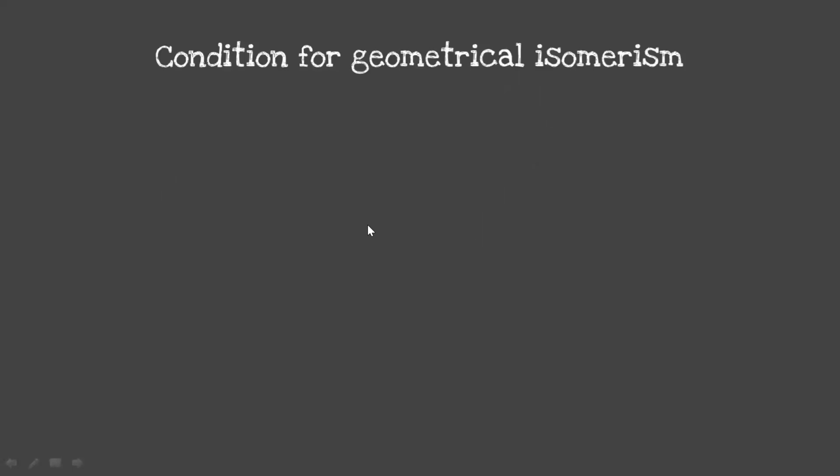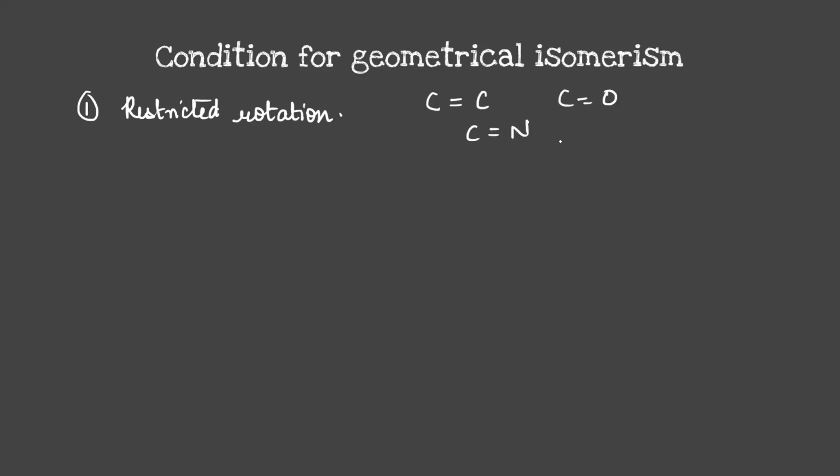Now, what is the condition for geometrical isomerism? Number one, they should have restricted rotation. We have just seen what is restricted rotation. Restricted rotation can be seen in C double bond C, C double bond O, C double bond N, or N double bond N, and there are a number of compounds.